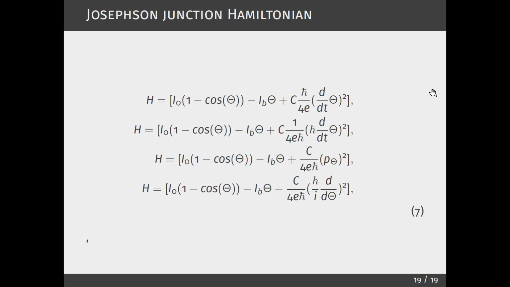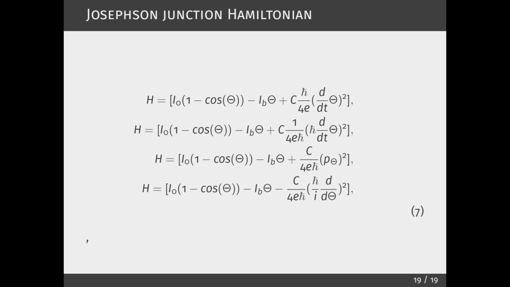How to move into a quantum way of thinking? Then we rewrite this equation into such a form as given here. And then there is the C over 2e, this h bar, and then we take h bar squared. Is this correct, Wojtek?